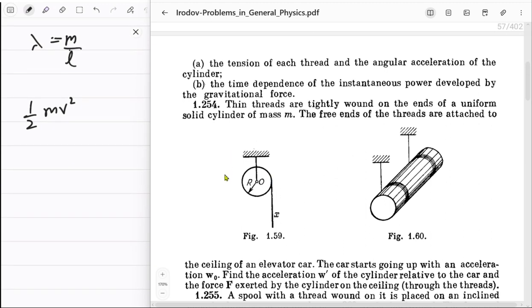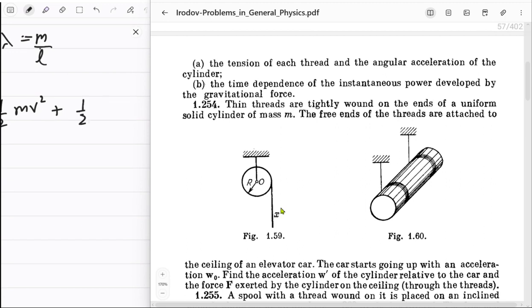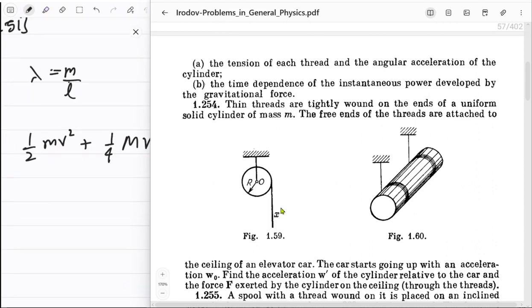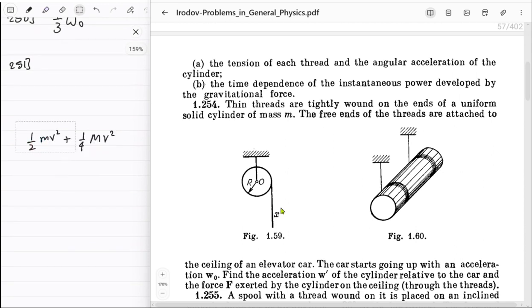Sounds weird, but yes, that is the thing. So all these points are moving at the same speed, right? And that's why you can write it like that. And then plus, for this disk, you just need half of half. So you got 1/4 capital M v squared, right? Yeah, just as we do usually. So that's awesome. You got that as a thing.